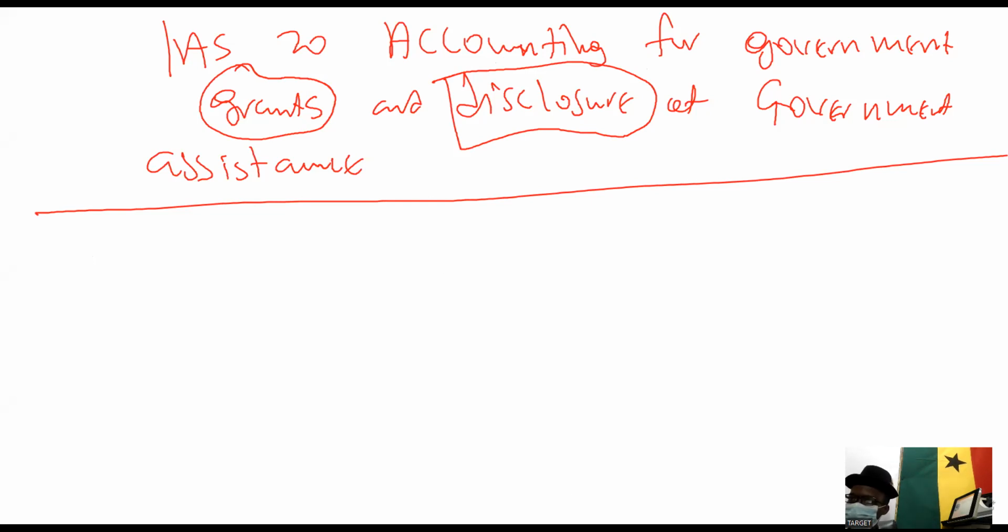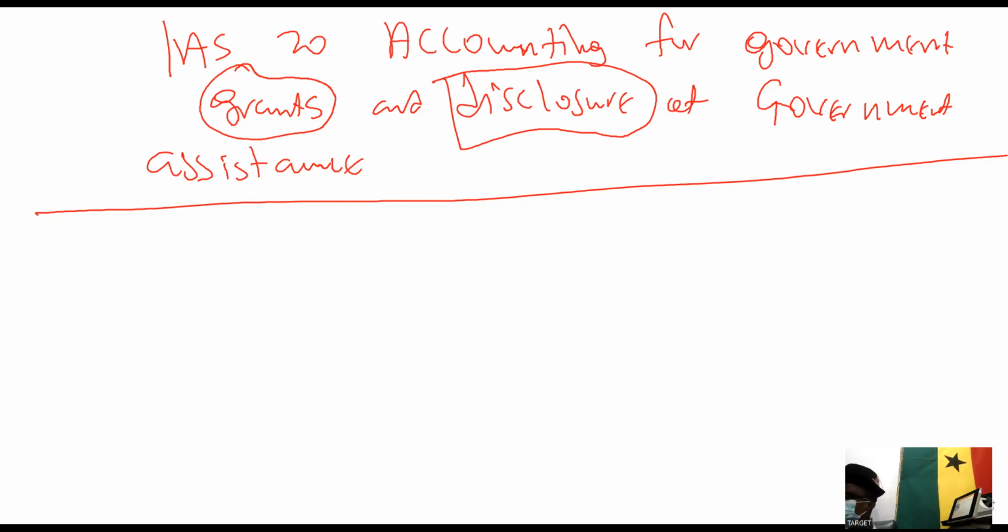Now, what is the objective of this standard? The objective is to prescribe the accounting treatment of grants and assistance.